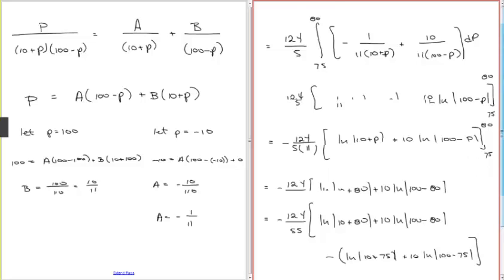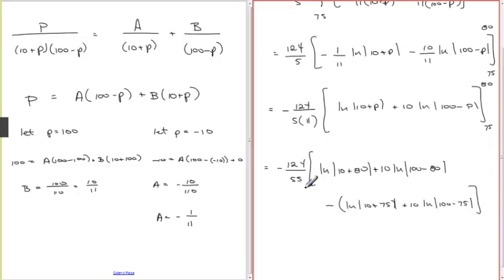Let's make sure we did that right. That's correct. 80, 100 minus 80. Subtract the lower limit, natural log of 10 plus 75 plus 10 times the natural log of 100 minus 75. So let's plug those in our calculator. I'm just going to do the internal part first here.